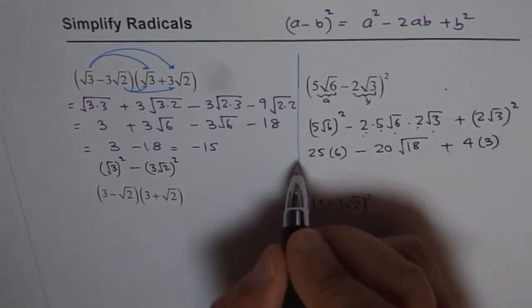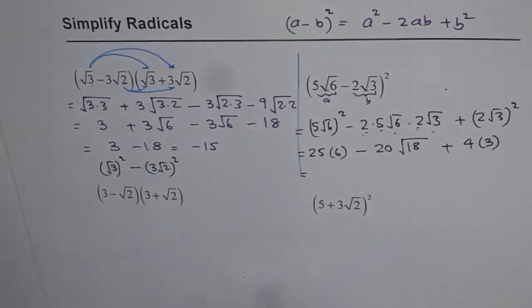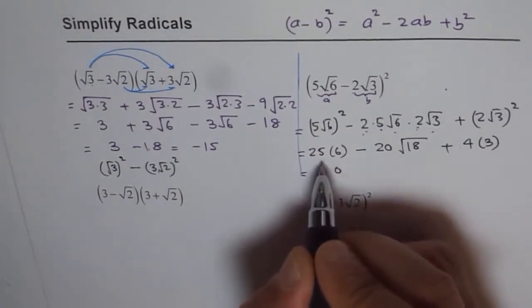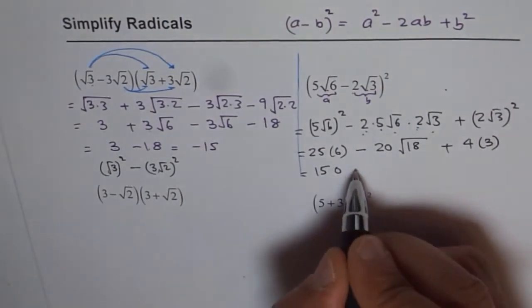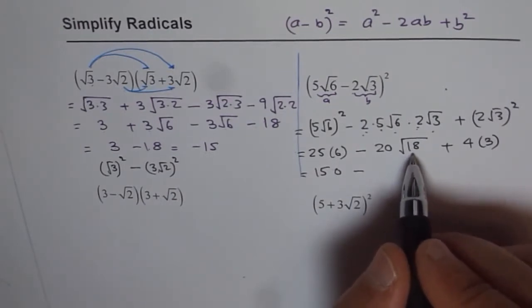Now we can further simplify this expression. 25 times 6 is 150. Now square root 18 could be written as 9 times 2, and the square root of 9 is 3.